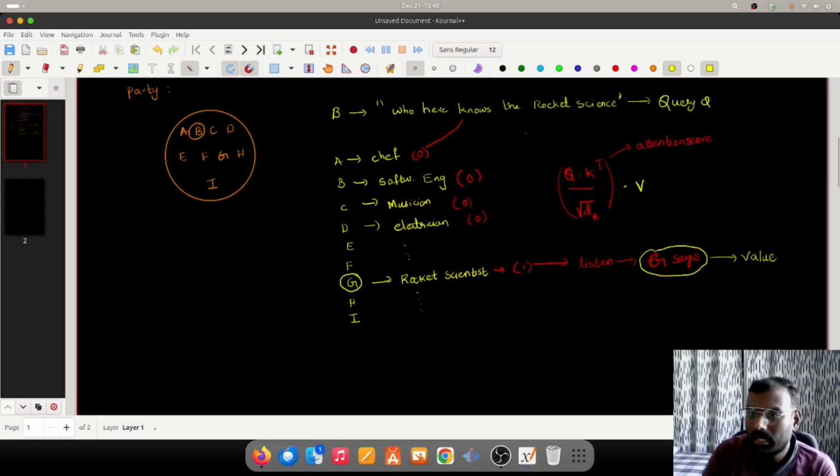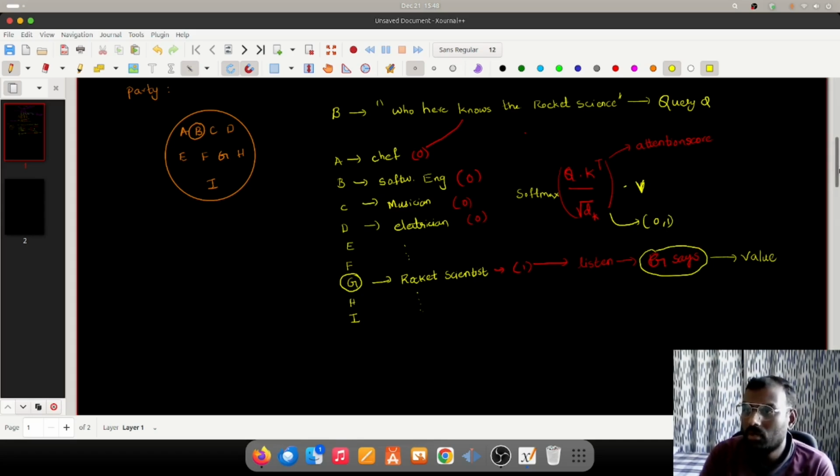Before multiplying, we need to convert this attention score into a probability value ranging between 0 and 1. So that's why we pass this to a softmax function, which will give you the probability range between 0 and 1.